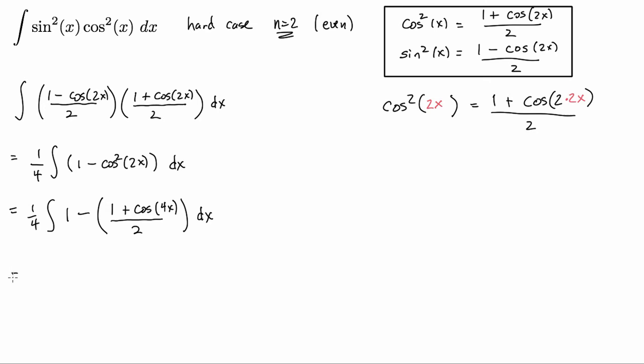Alright, so if I work on this a little bit more, we've got 1/4 here, and we're starting to look at the integrals. So we've got the integral of 1 minus 1/2 minus cosine of 4x over 2.